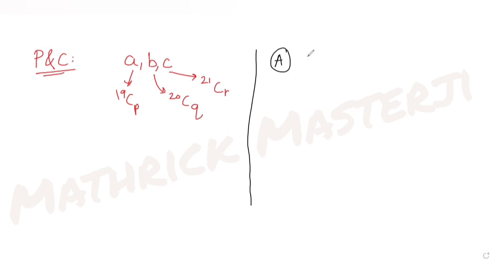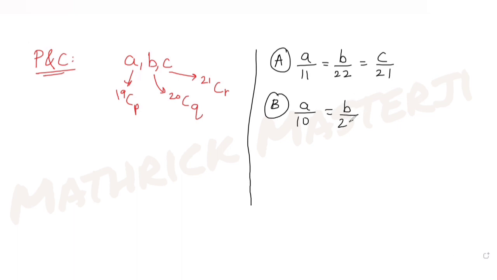The first answer choice is A over 11 equals B over 22 equals C over 20. Option B: A over 10 equals B over 22 equals C over 21. The third answer choice is A over 10 equals B over 11 equals C over 42.